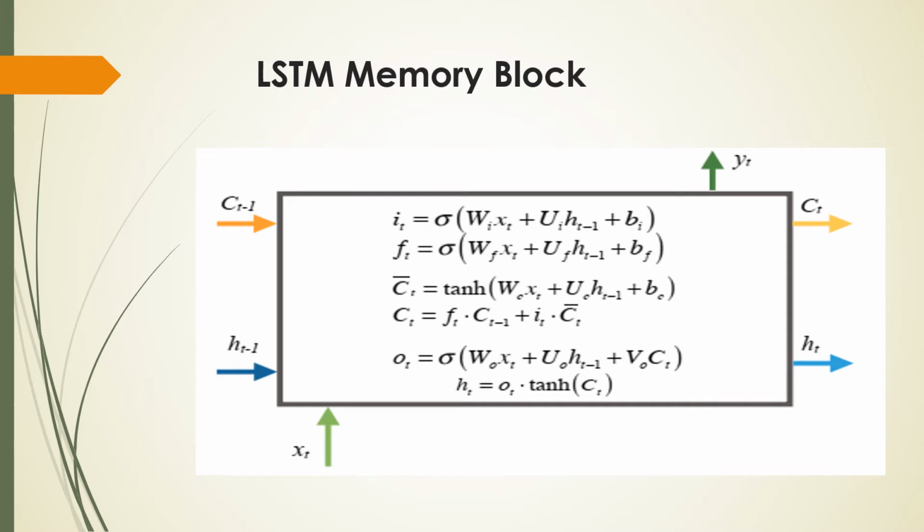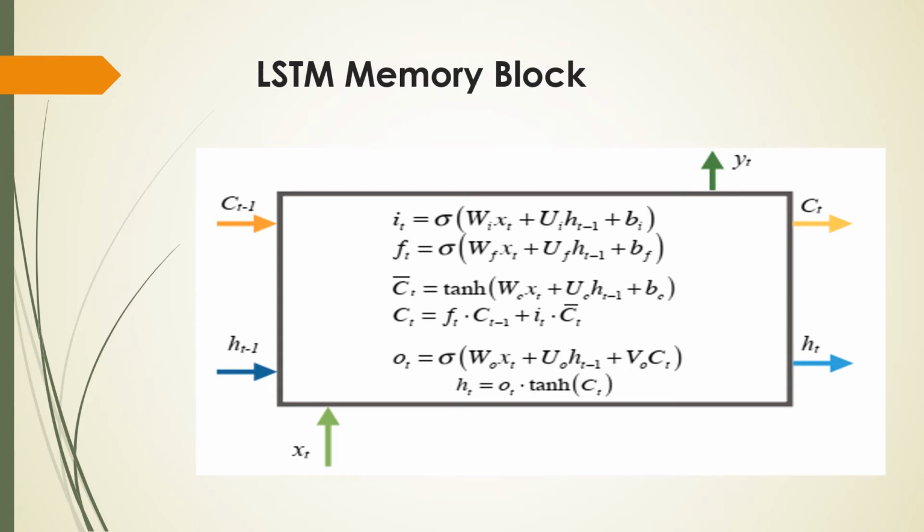yt means the output we are producing at timestamp t, and in the same way we have Ct and St as well. There is also some information mentioned in the diagram, that is it, ft, C bar t, Ct, Ot. it means the input at timestamp t. ft means the function generated at timestamp t, where f stands for forget.